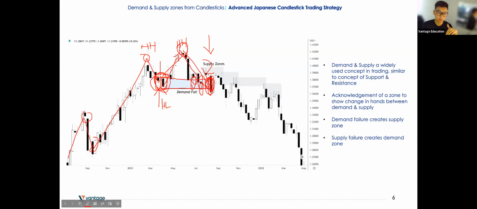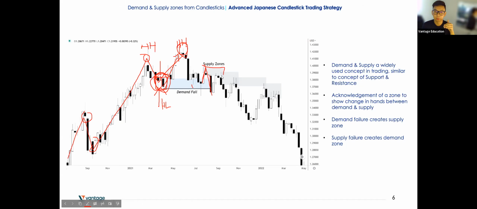And once the demand zone has failed, this will actually create a supply zone. What does it mean by a supply zone? It means that during this exchange, when buyers were trying to buy up, there was an equal or greater amount of sellers entering the market to push the price down.